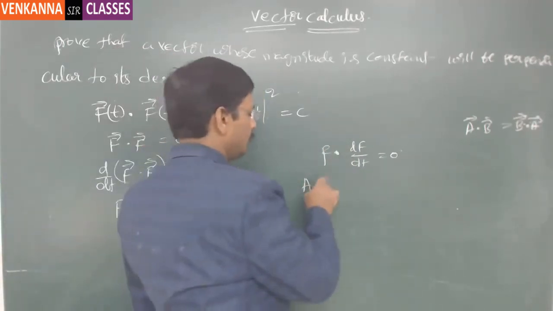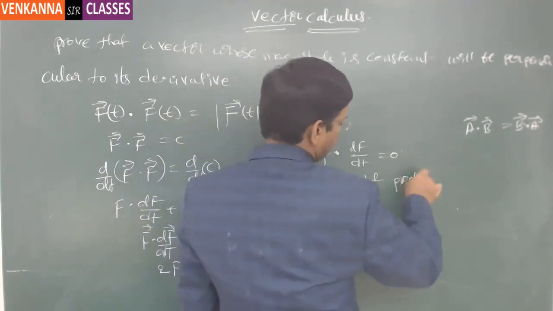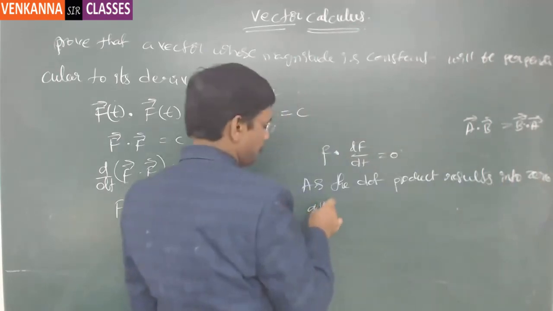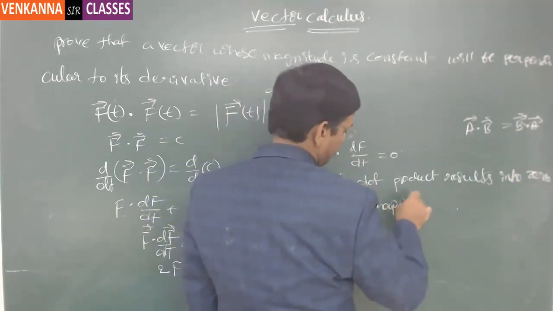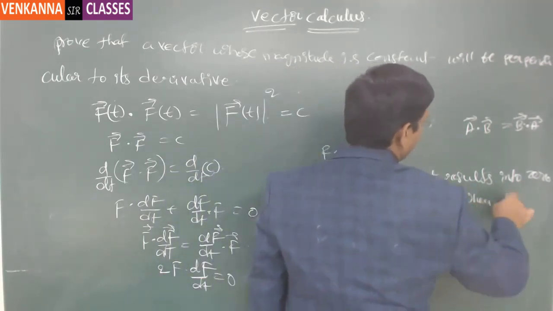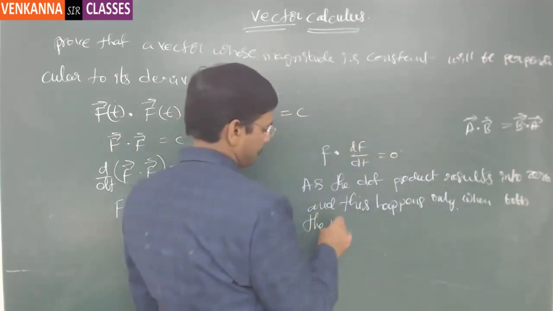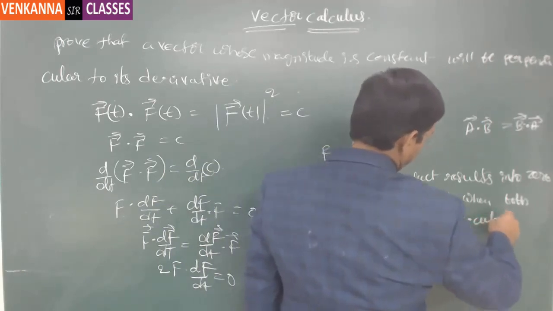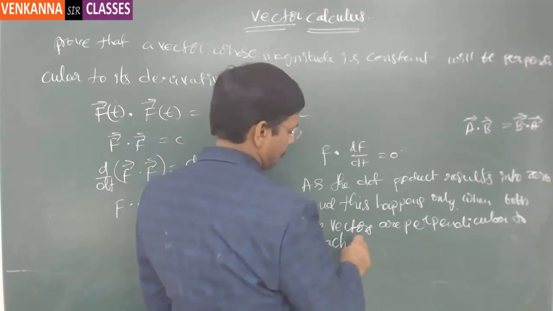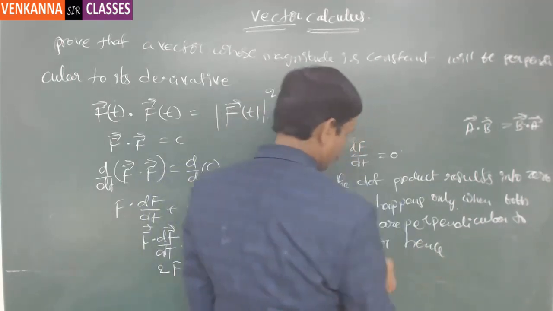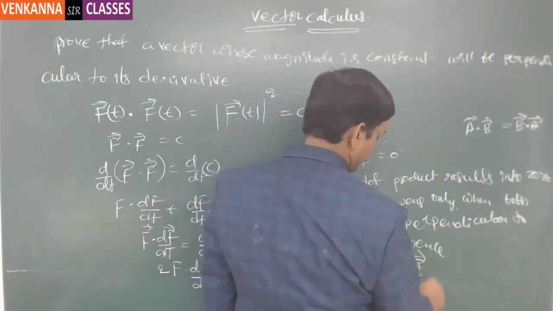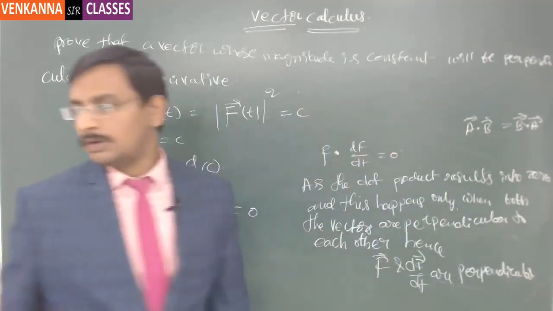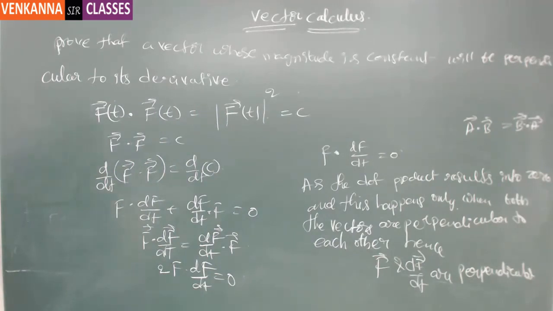As the dot product results in 0, and this happens only when both vectors are perpendicular to each other, hence f and df by dt are perpendicular. Got it? Note down this. Done?